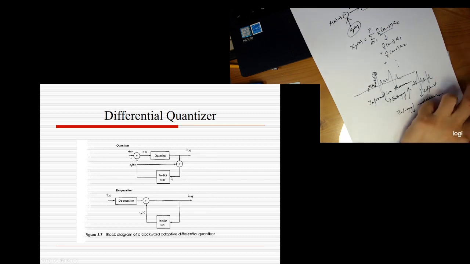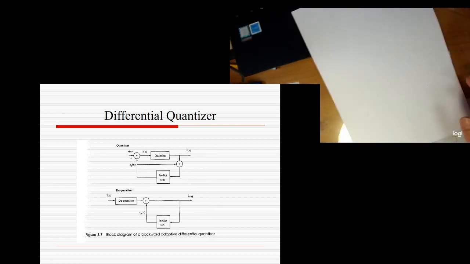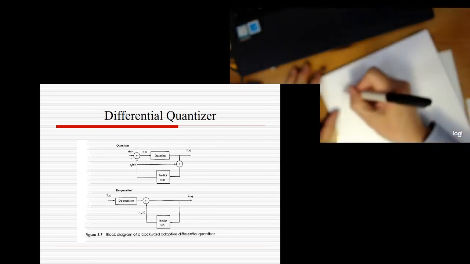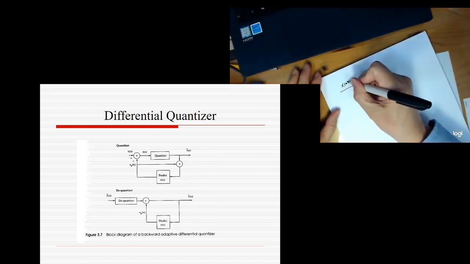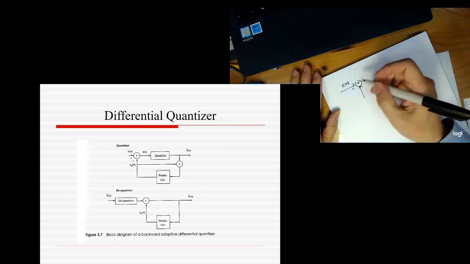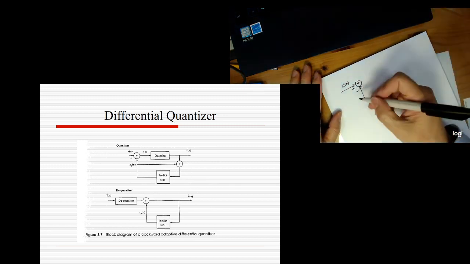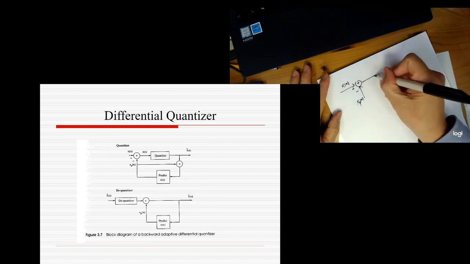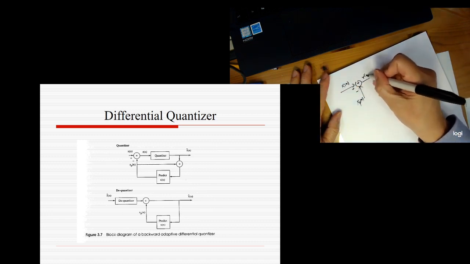Suppose this flow chart is changed like this: we have S of n, we do the subtraction using our SP of n, and we get R of n.